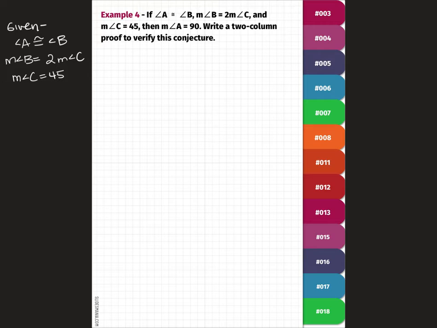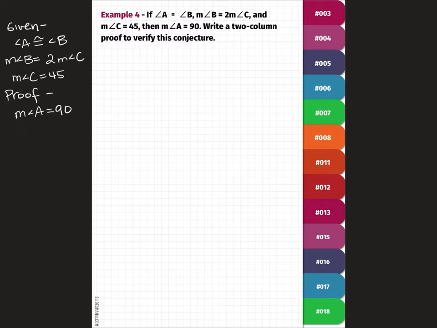And then I know that my proof is going to be that the measure of angle A is equal to 90.